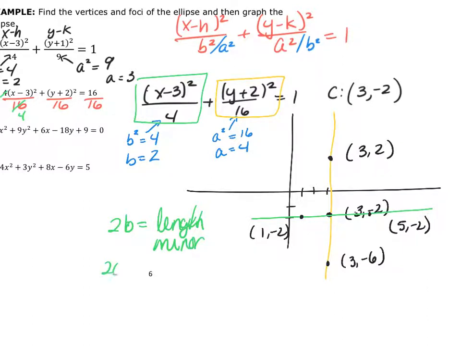So it's 2 times 2 is equal to 4. Well, I come over here, and from 1 to 5, have I traveled a distance of 4? I have, so that does check that I'm working that right. So it's a good check, but I don't necessarily need it.